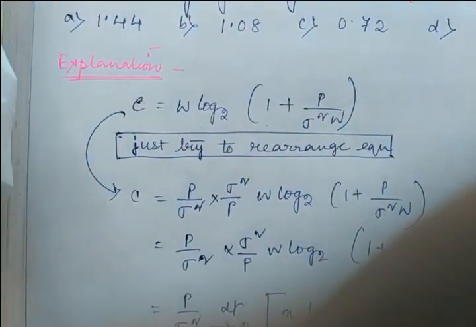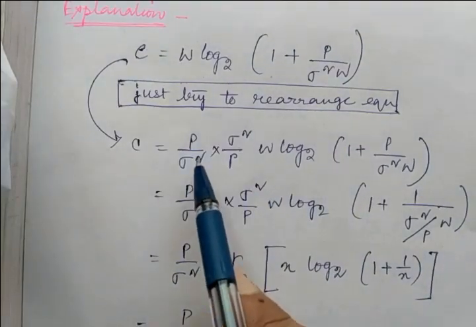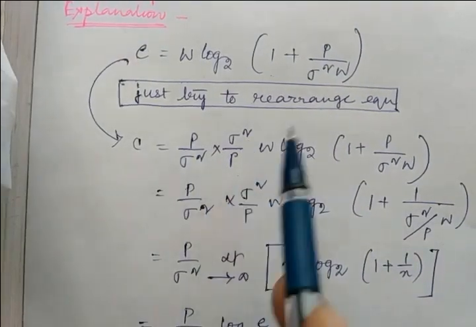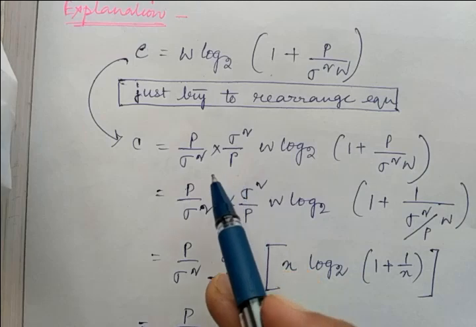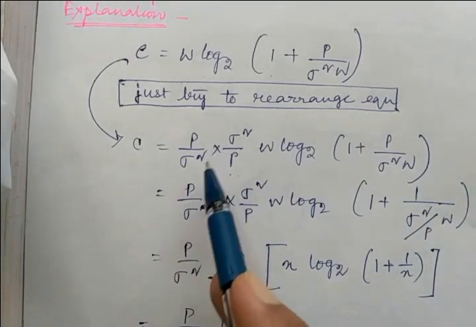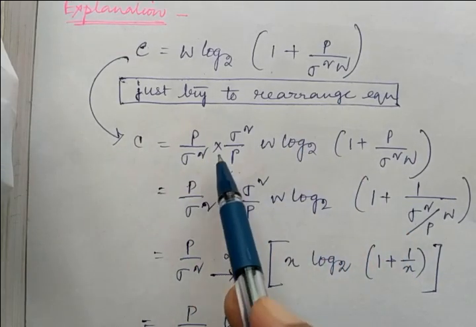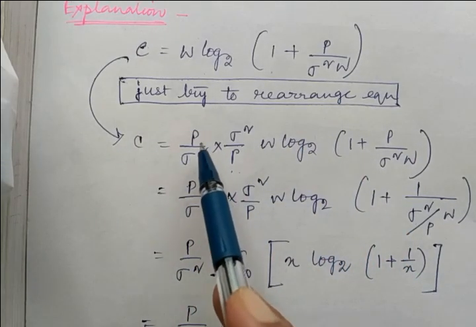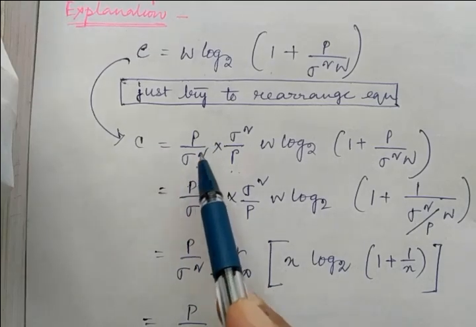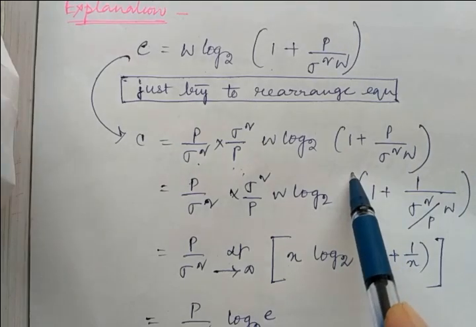So you have to rearrange the expression. You can multiply by P by sigma square into sigma square by P, and the overall value remains unchanged, right?